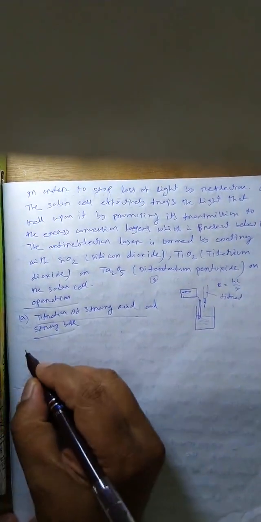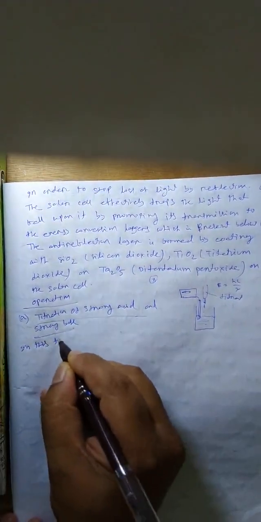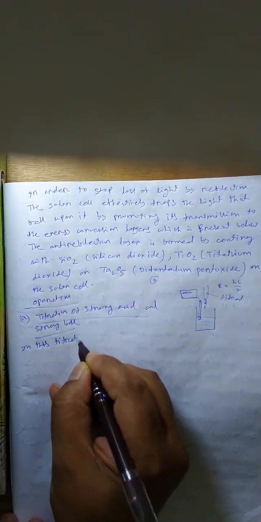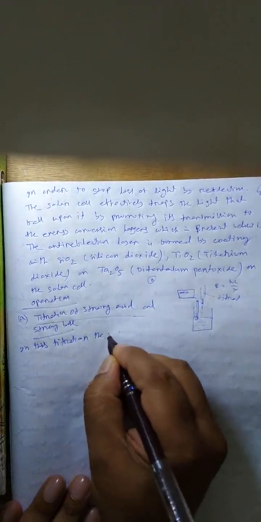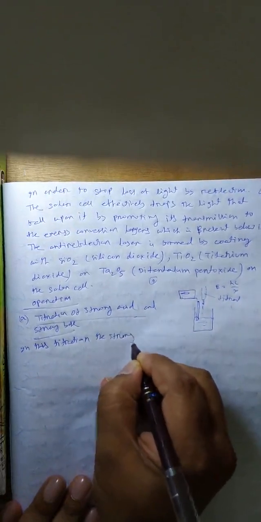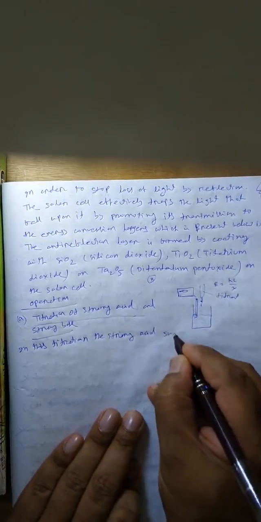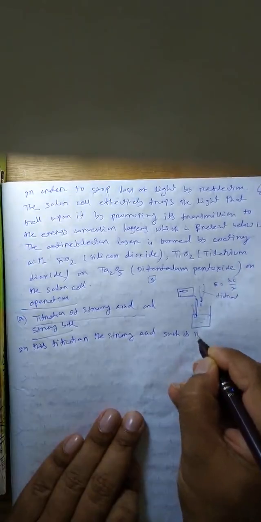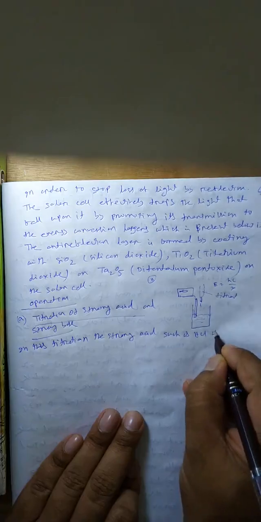Now in this titration, a strong acid such as hydrochloric acid is taken in a conductivity beaker.